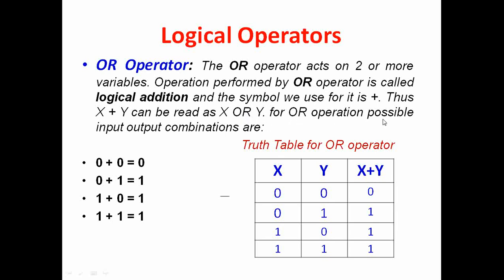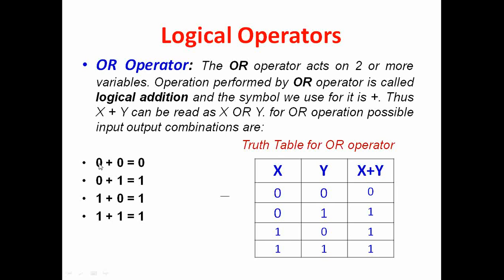For the OR operation, the possible input-output combinations are: 0 plus 0 is 0, 0 plus 1 is 1, 1 plus 0 is 1, and 1 plus 1 is 1.